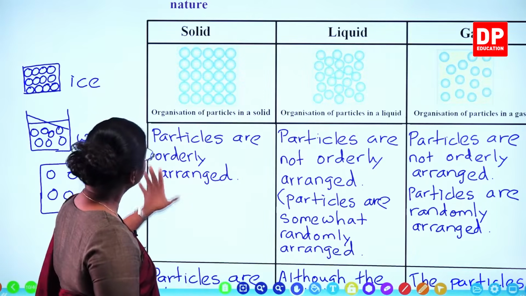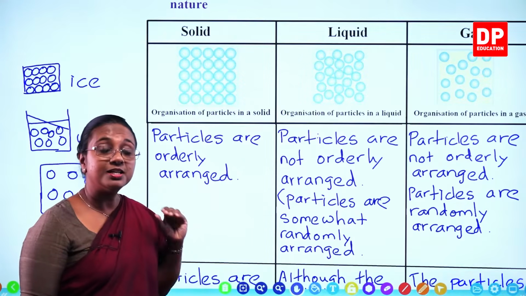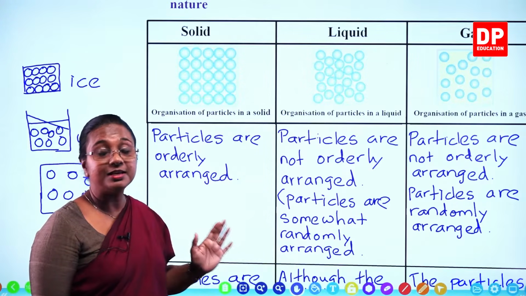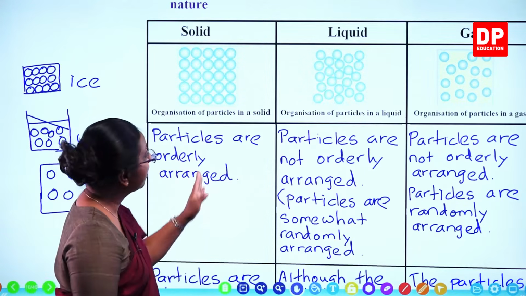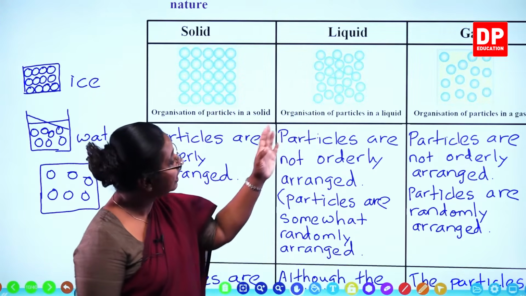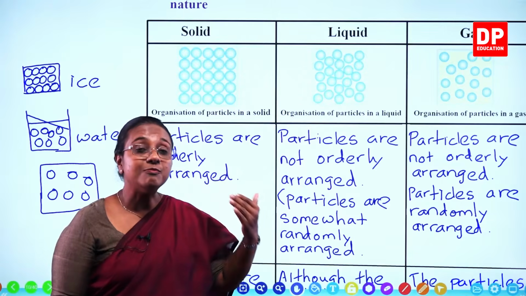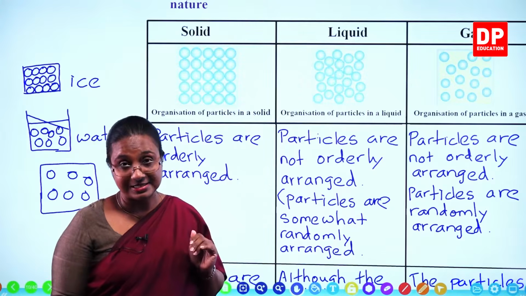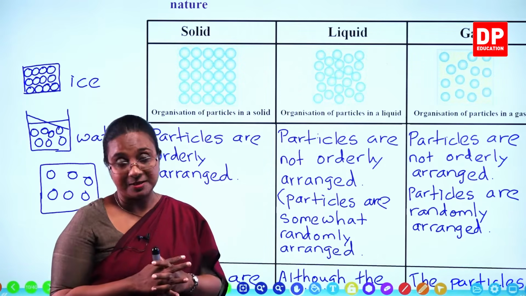So due to that, the particles of a solid cannot move with respect to one another, but they can only vibrate. Whereas particles of the liquid can move to a certain extent. In gases, they can move very freely and randomly within the space.